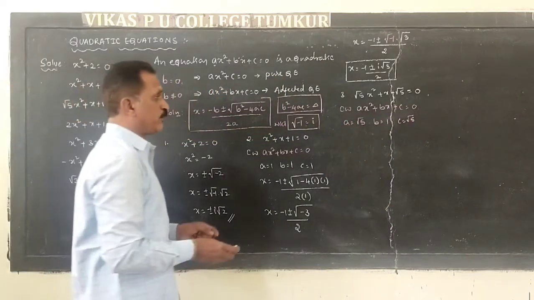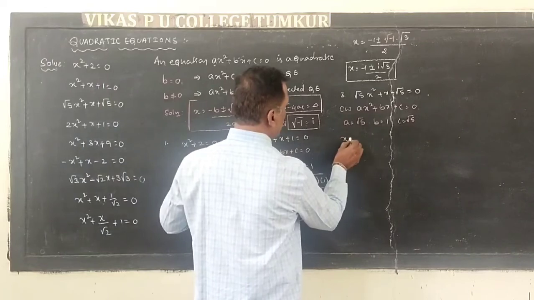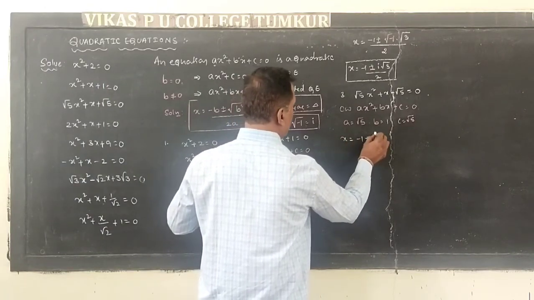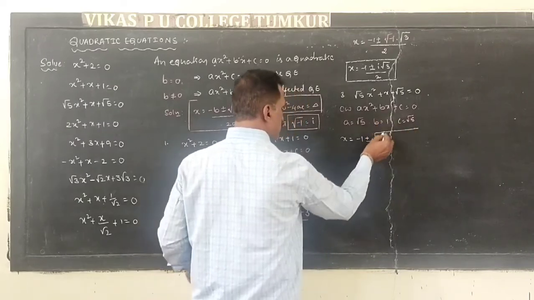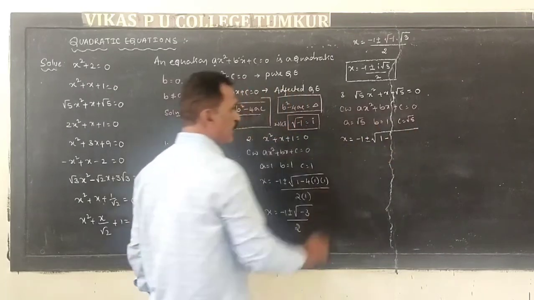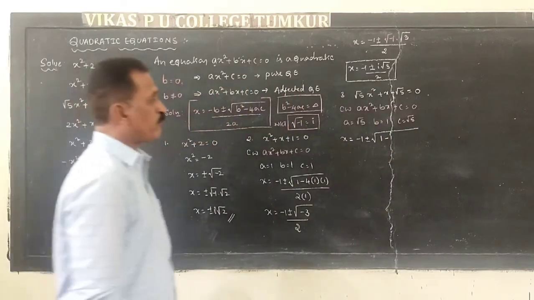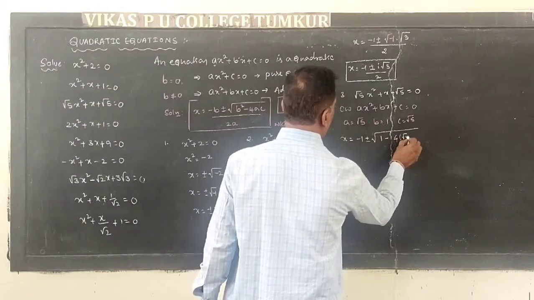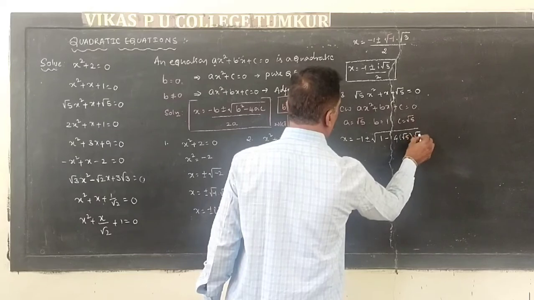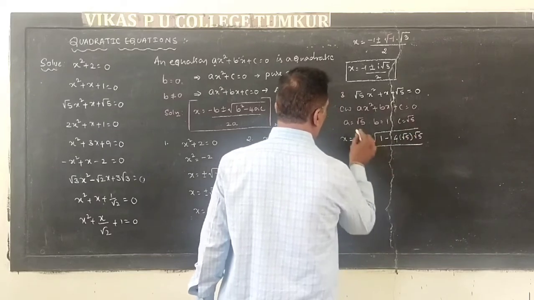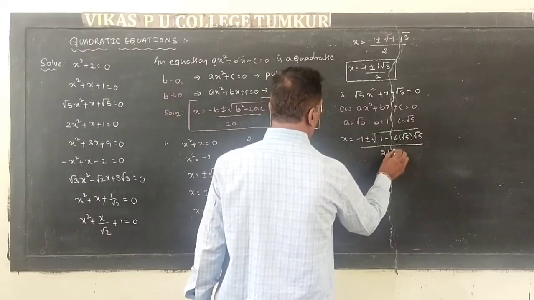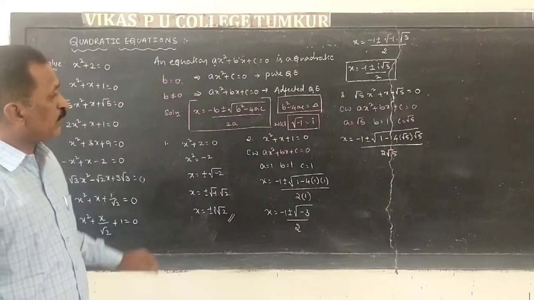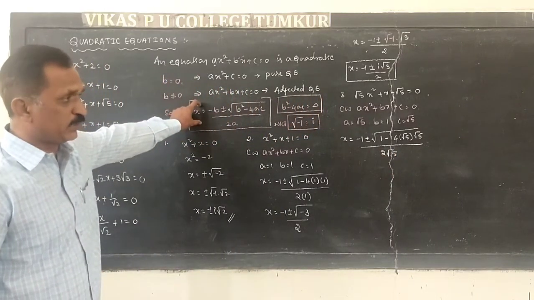Now solve the equation. x is equal to minus b plus or minus square root of b square, which is 1 square is 1, minus 4 into a, which is root 5, into c, which is also root 5, divided by 2a, 2 root 5. I am substituting for this equation.